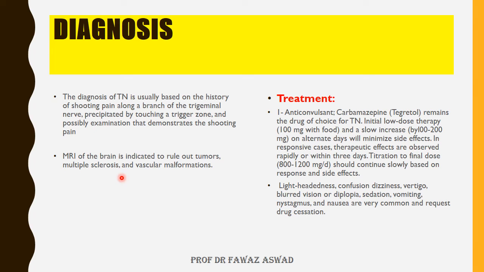After that we continue tapering or titrating to the final dose, and this depends on how the patient responds and on the side effects of the medication. Take into consideration that these patients may complain of light headache, confusion, dizziness, vertigo, blurred vision, diplopia, sedation, vomiting, and nystagmus, which are considered the most common side effects in these patients.